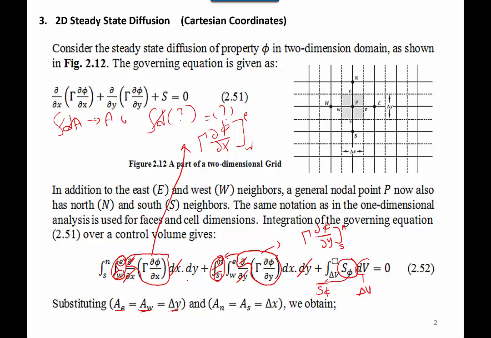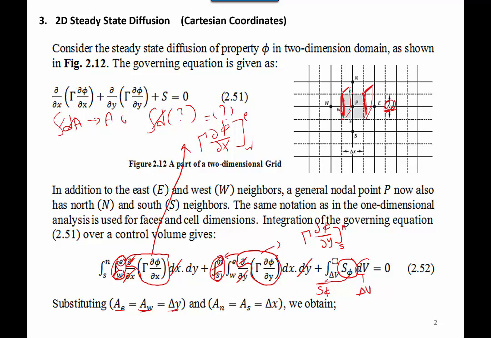If we focus on figure 2.12, we will find that the area at east is this side with the depth dz equal to 1 unit. Therefore, this area will be equal to this distance, which is delta y, multiplied by 1 unit, which is dz. Therefore, the area at east will be equal to delta y, and it equals the area at the west interface, which also equals delta y multiplied by 1 unit, the dz quantity.